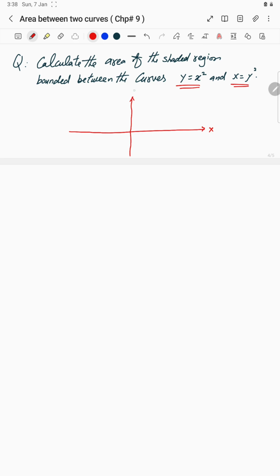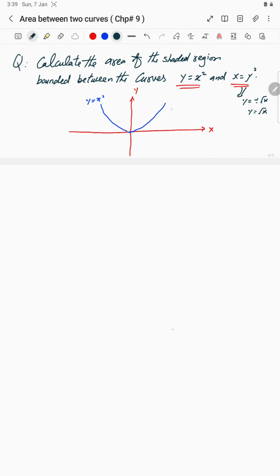This is x-axis, this is y-axis. y equal to x square will be this, or we can write here y equal to x square, and the second curve is x equal to y square, or we can write this as y equal to plus minus square root x, but we will take the area, so the positive root will be taken, better to write plus square root x.